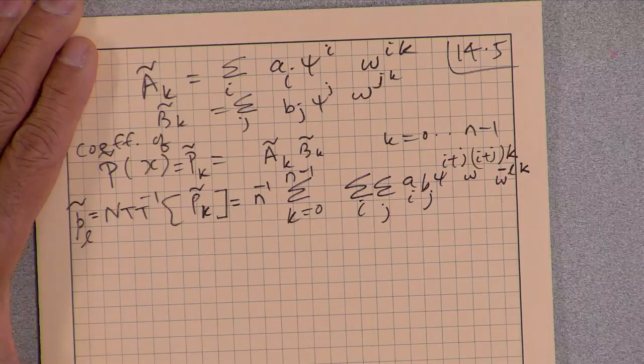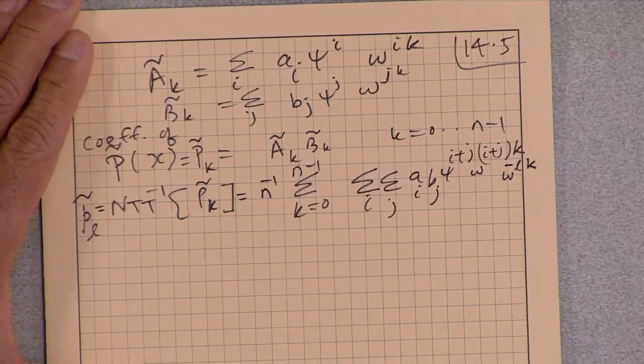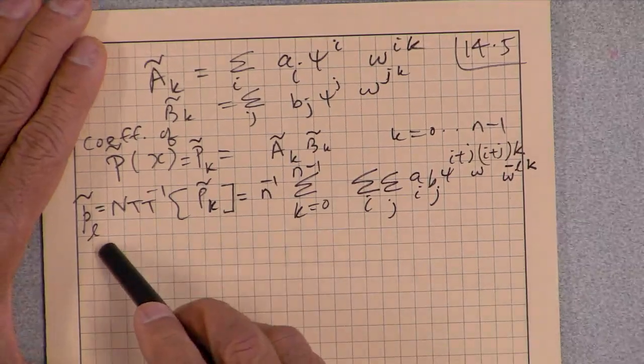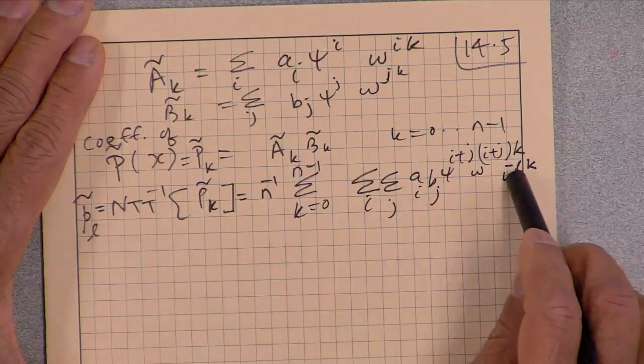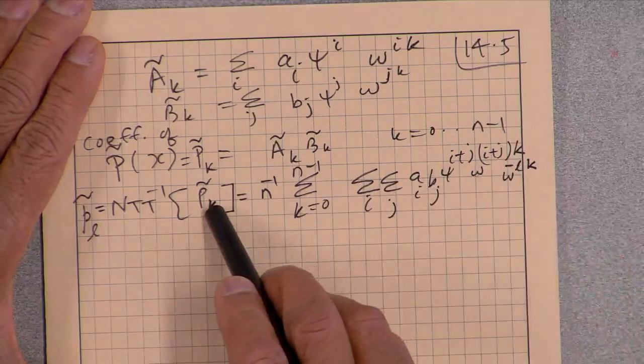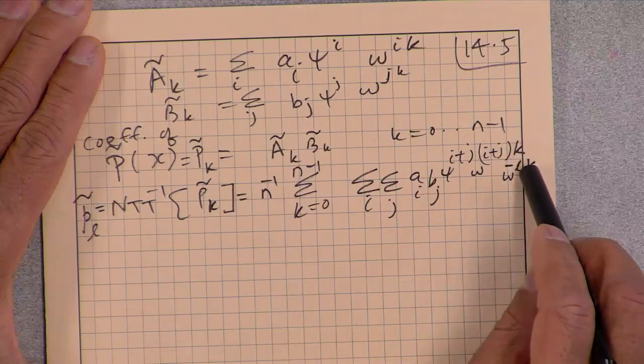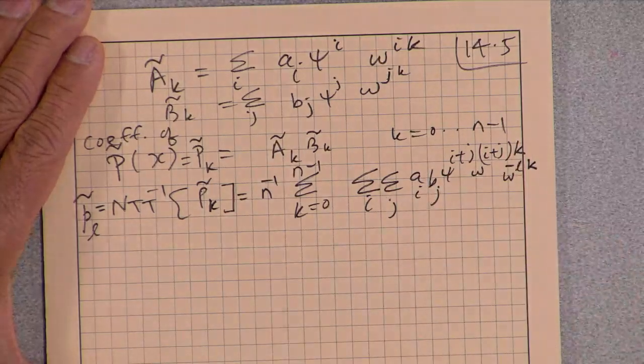So the time domain coefficient is L, that's why this is L, and this is k, and that sum is over k.